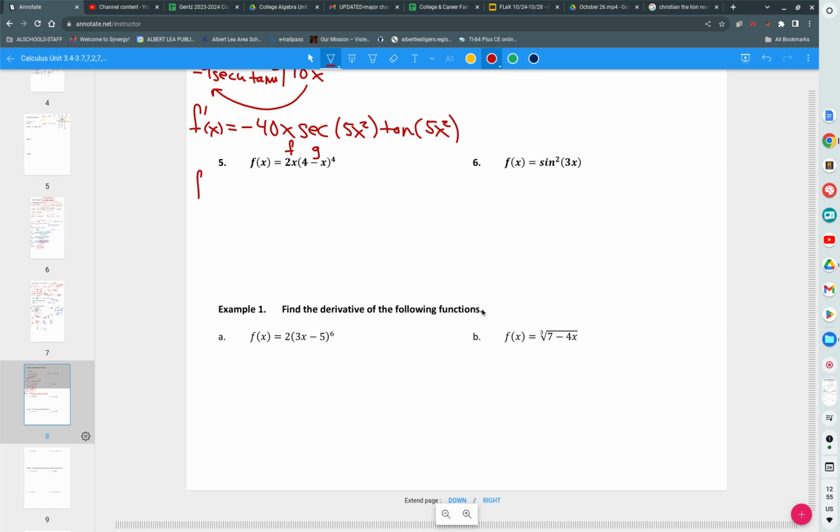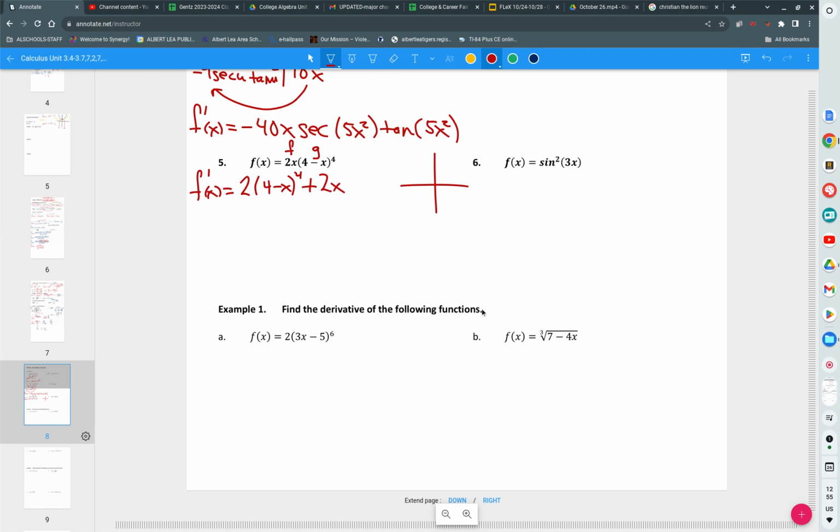So I have the derivative of this function is going to be equal to 2 times 4 minus x to the 4th power, plus 2x times, now I need the derivative of 4 minus x to the 4th power. You agree? Okay, so on the side here, I'm going to work through my chain rule.